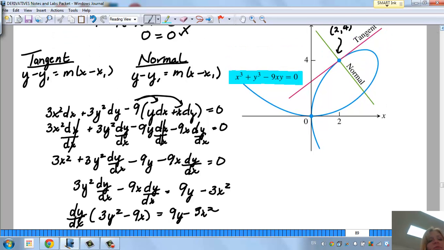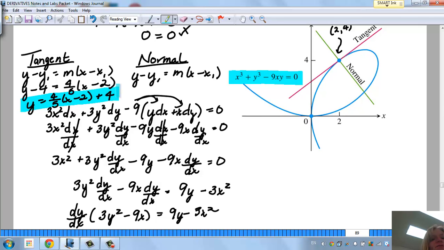So now if I put this in here, I have y minus 4 equals 4/5 times (x minus 2). So our tangent line is y equals 4/5 (x minus 2) plus 4. That's kind of squished in there, so let me highlight that for you. So there's the tangent line. When I do the normal line, all I have to do is change my slope to negative 5 over 4.